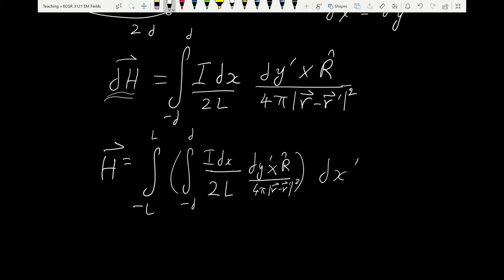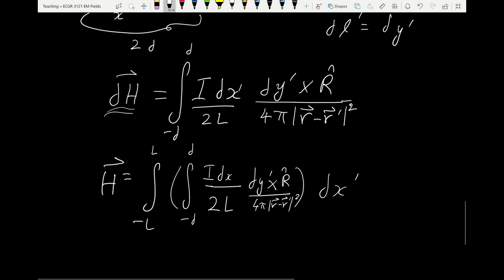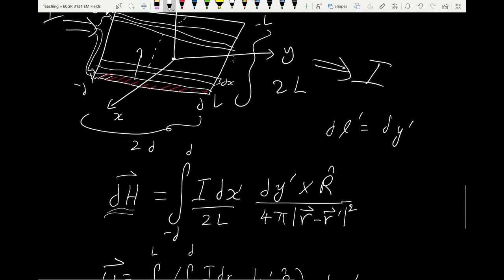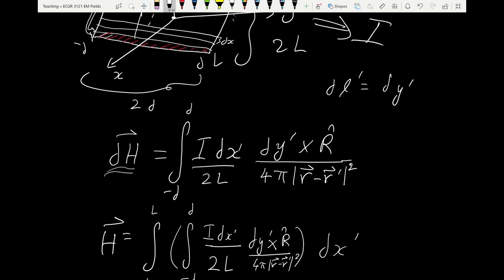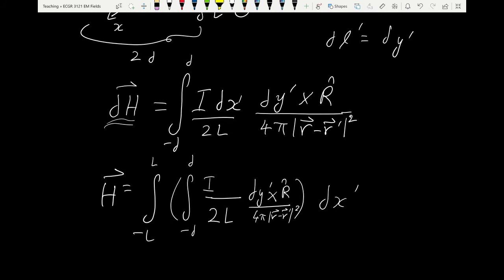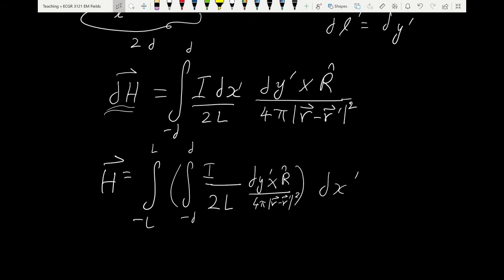This is dx prime, by the way, right? It's on the material. This dx is on the material, on the source. So dx prime. I can take this dx prime out, and then I'm integrating with respect to it.